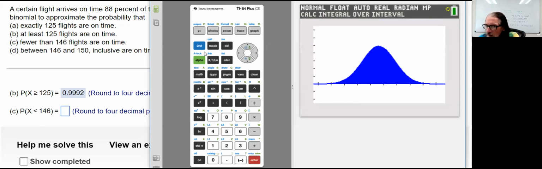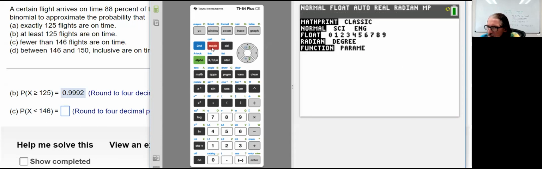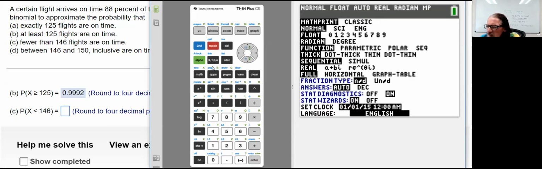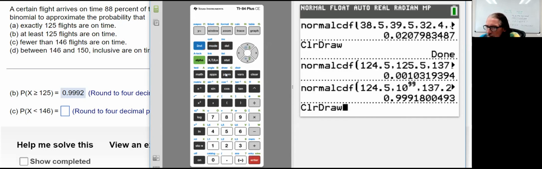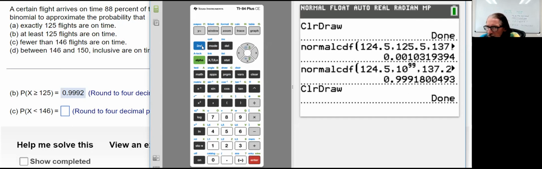And it did not clear out the previous drawing, so give me a moment to do that. Let's try it again.